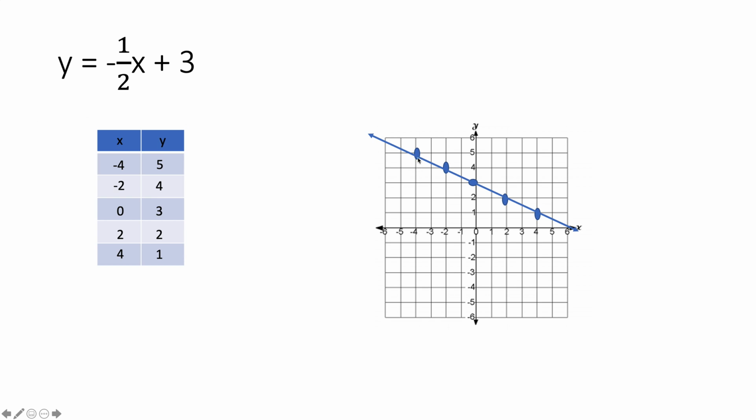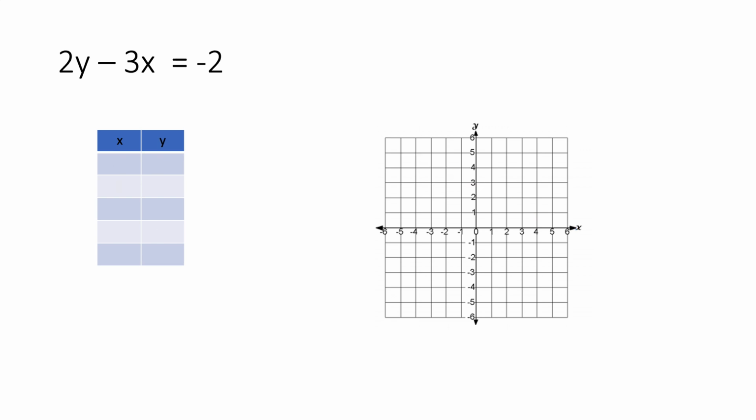Look at the graph here. Down 1, x over 2, down 1, x over 2, down. That's interesting. And there's that -1/2. And that's kind of reflected in how we're moving on the graph. And 3 is where it crosses the y-axis, and that's kind of reflected too in the graph. All right, so that's worth noticing.